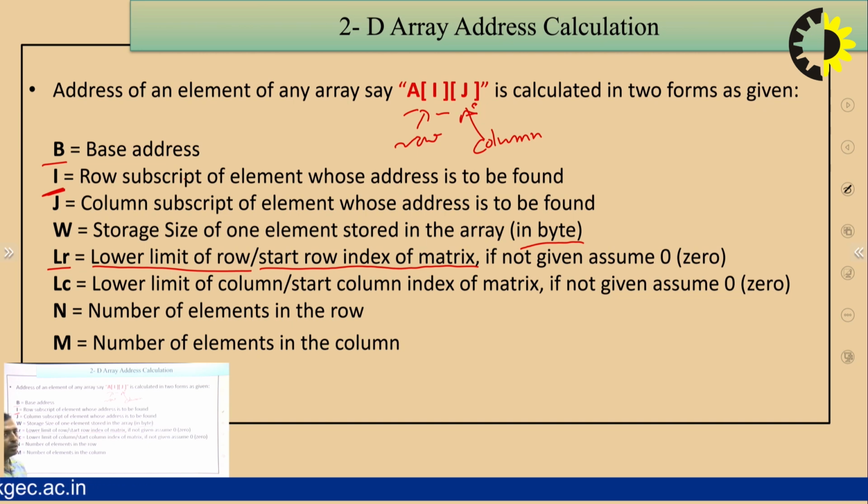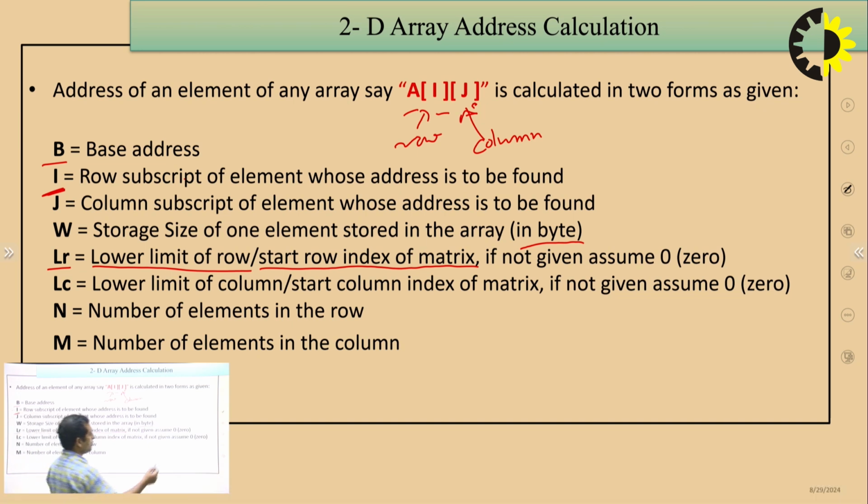If not given in the question, then just assume this is 0, because by default it is 0. And the lower column index is denoted by LC, C for column, L for lower, the lower limit of the column, or the start column index of the matrix, and if not given then assume that is 0.